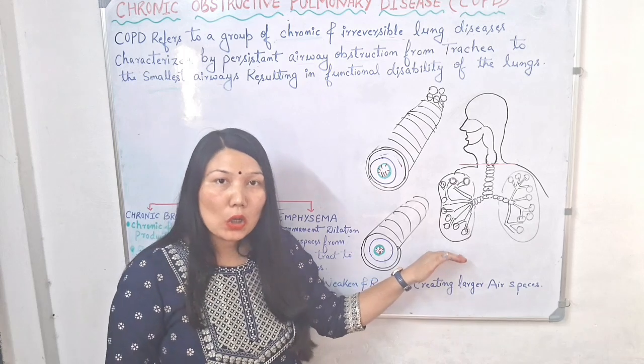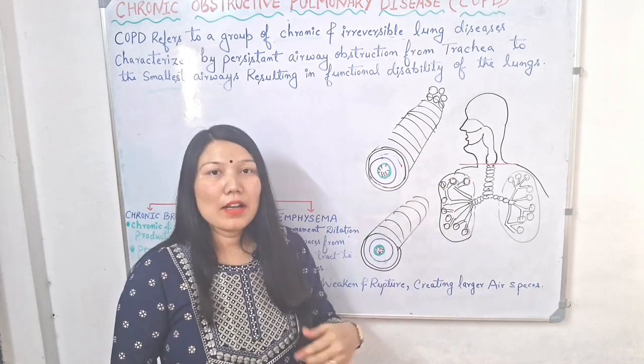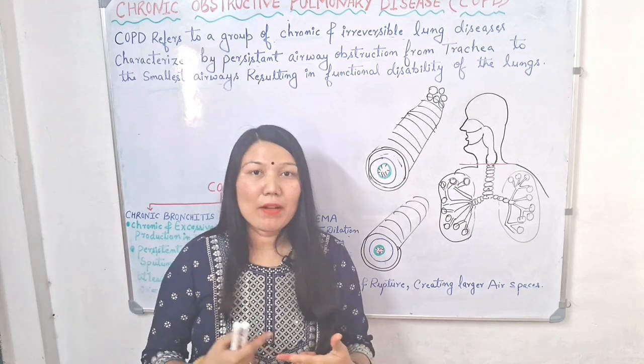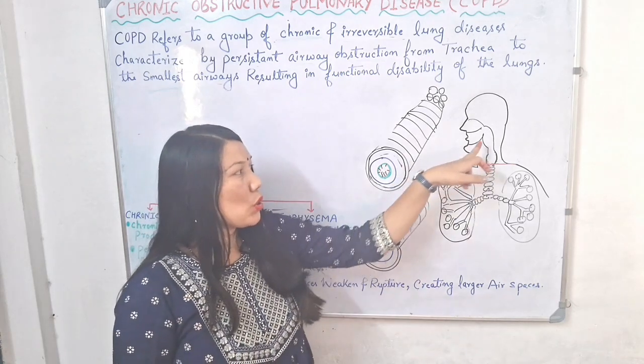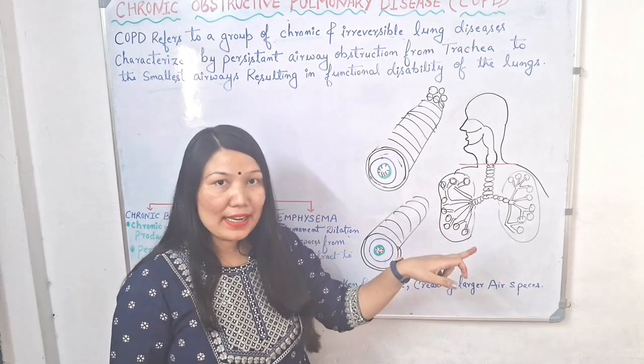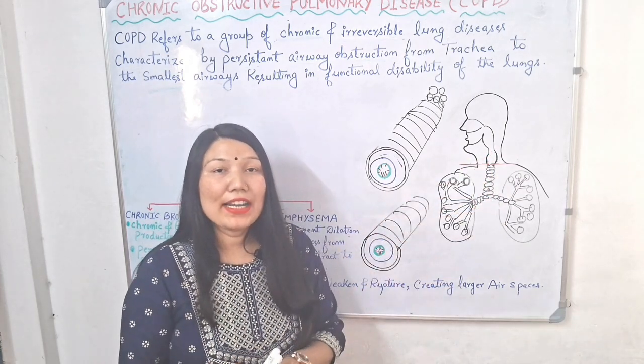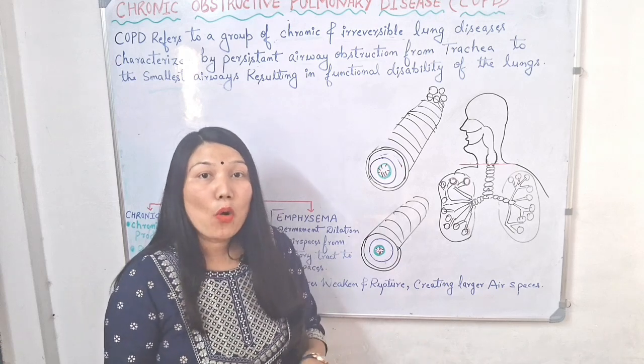We all know that we inhale air through our nose, and sometimes through our mouth also. This air goes into our pharynx, the hypopharynx, then moves towards the larynx and then to the trachea. The trachea again divides into two branches known as bronchi.